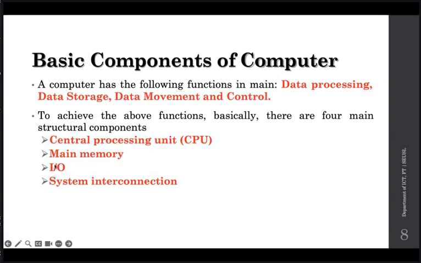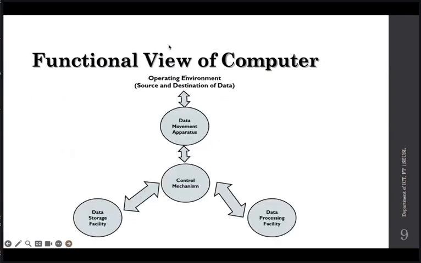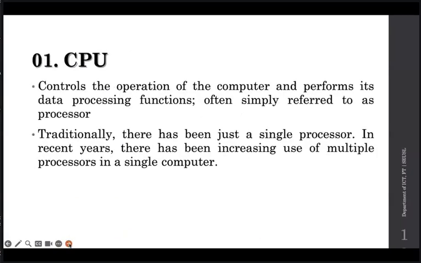That is called the basic components of a computer. So this is the overall functional view of any computer. You can control them. There is data movement, data storage, and data processing. So all those functionalities are achieved by the structural components of a computer.